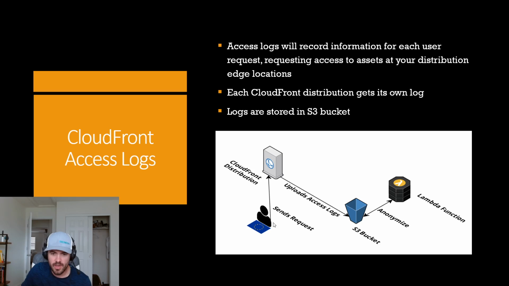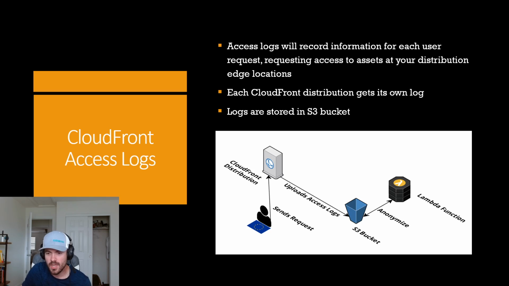So you have here a user, say in the European Union somewhere, and they send a request to get some content out of your CloudFront distribution. That access from this user to this CloudFront distribution is going to be recorded, tracked, and then uploaded to this S3 bucket as access logs.